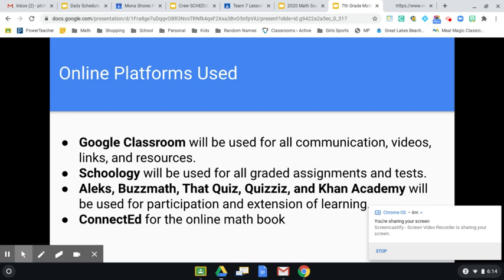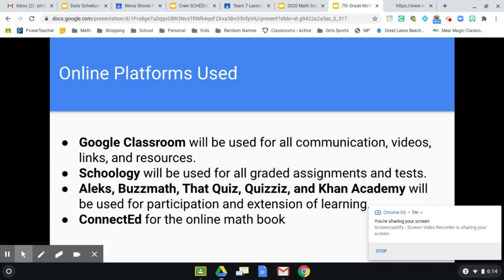The following, number 3: Alex, BuzzMath, That Quiz, Quizzes, and Khan Academy. Right now, those are our support websites and resources, and we will use those for participation and just extension of learning. And then we also plan on using Connect Ed, the last piece there. That is our online math book.